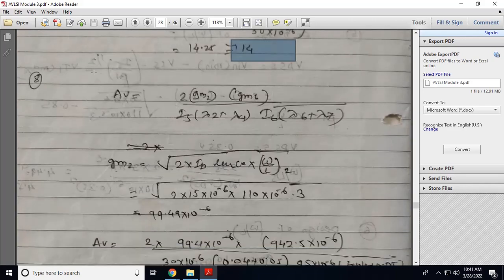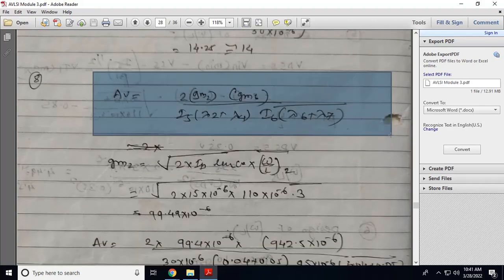Now the voltage gain equation is AV is equal to 2 into GM2 multiplied by GM6 divided by I5 into lambda 2 plus lambda 4, into I6 into lambda 6 plus lambda 7.